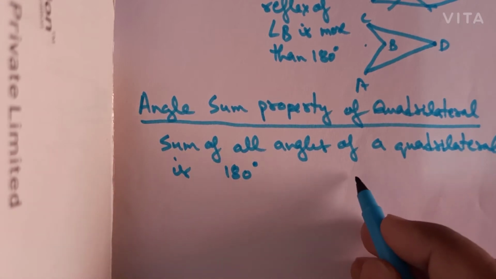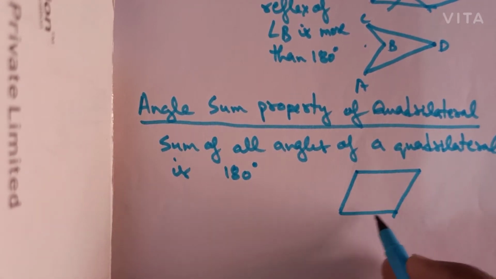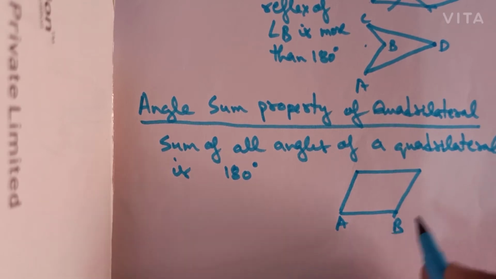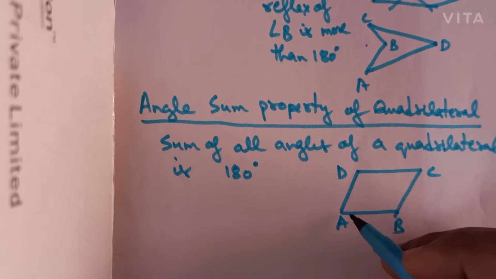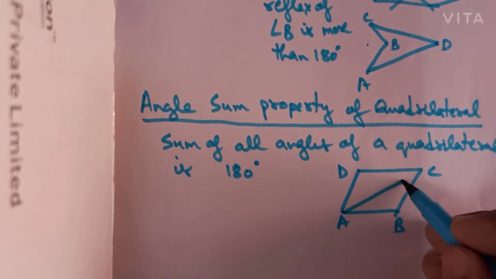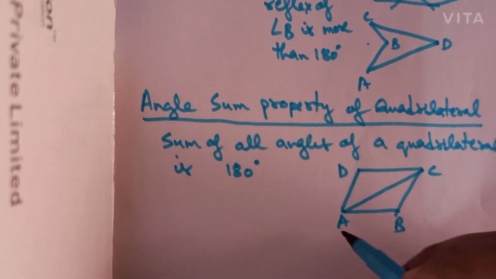First, let us understand. For example, this is a quadrilateral ABCD. If we draw a diagonal AC, then this diagonal will divide the quadrilateral into two triangles, triangle ADC and triangle ABC.